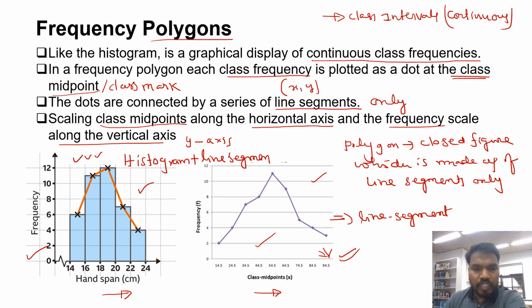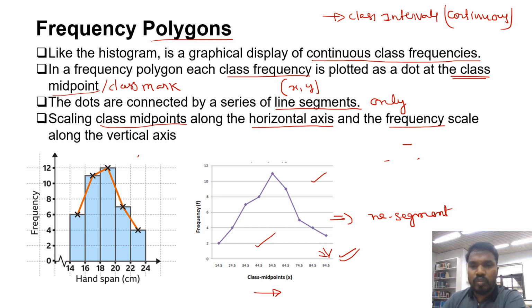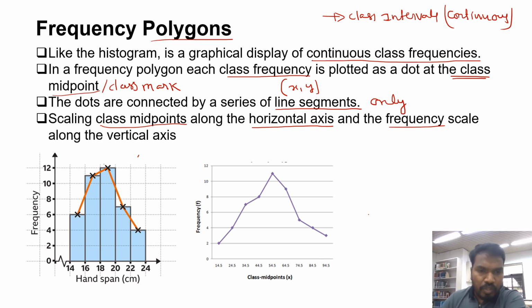How do we construct these frequency polygons? In the first figure, you can see there is a histogram, then the points are connected. Whenever you want to construct a frequency polygon, first draw the histogram. Then you take the midpoints of each rectangular bar. This is the first rectangular bar, and I am taking its midpoint. That denotes the midpoint of the class interval 14 to 16.